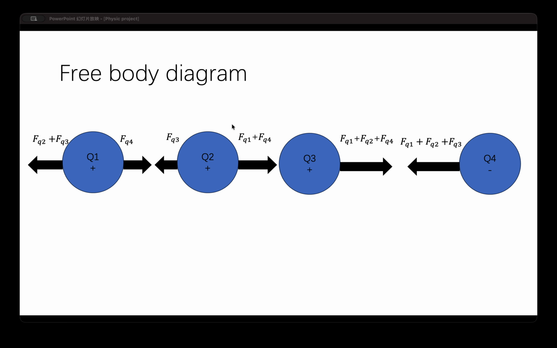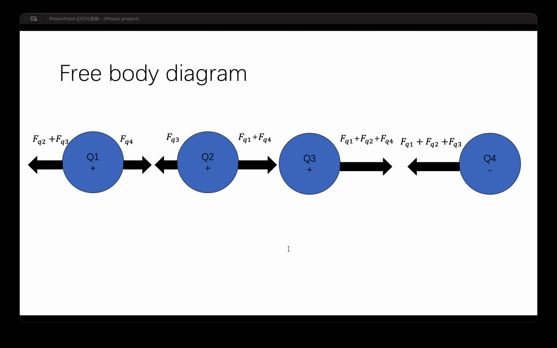So Q1 has 2 forces to the left and 1 to the right. Now let's look at Q2. Q2 is positive, so it receives a repulsive force from Q1, pushing it to the right, another repulsive force from Q3, pushing it to the left, and an attractive force from Q4, pulling it to the right.